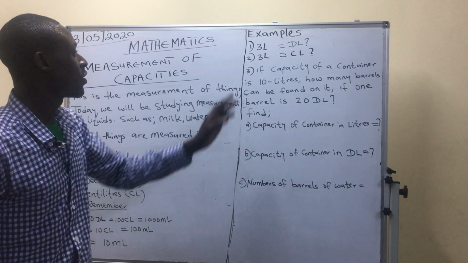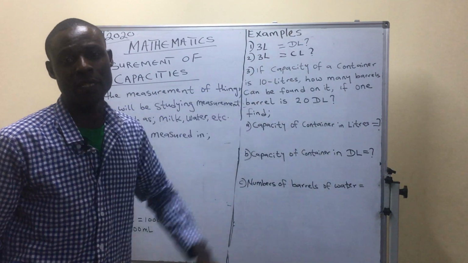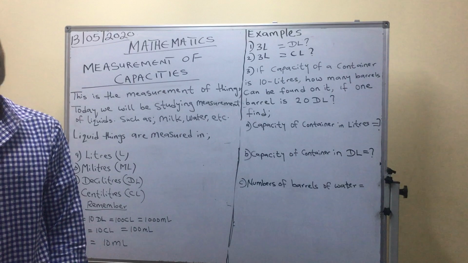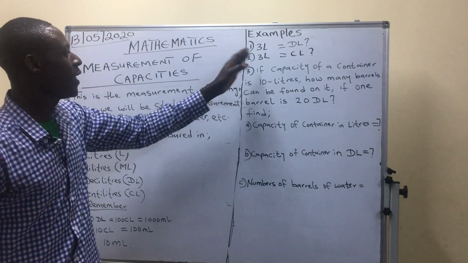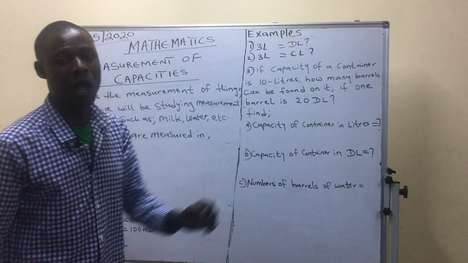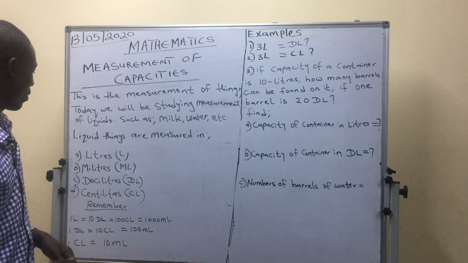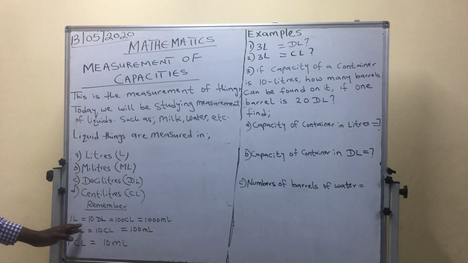3 liters is equal to how many deciliters? If you have 3 liters, how many deciliters are you going to have? Now, come to this side again.